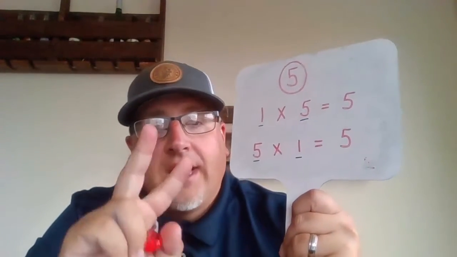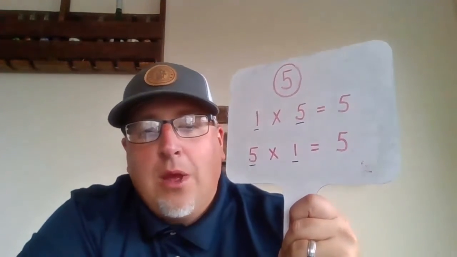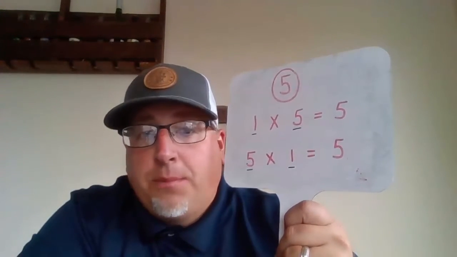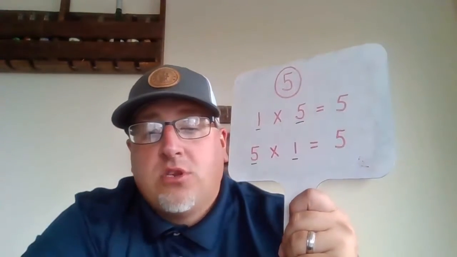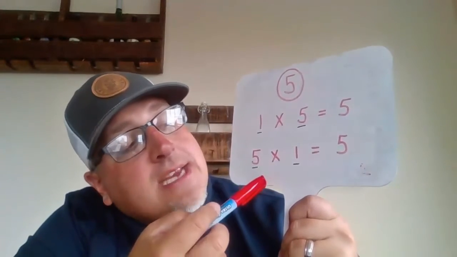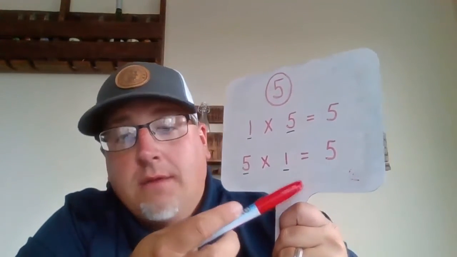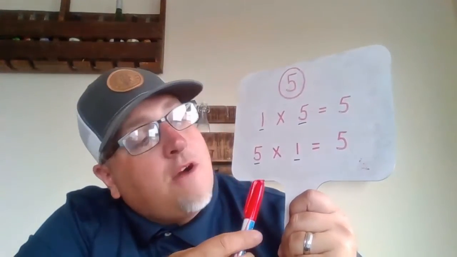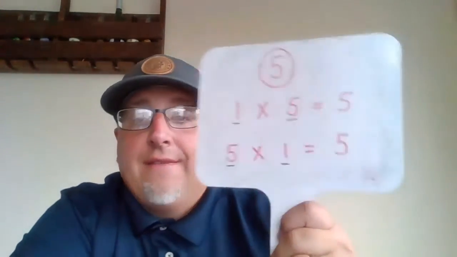Guess what? We can flip those around. We talked about that in previous lessons. When you're multiplying or adding, you can flip those numbers around, and it still will give you the same answer. So in our case here, 5 times 1 equals 5. It's correct. We flip the numbers, and it's still okay. Our factors are 5 and 1, and our product is 5.